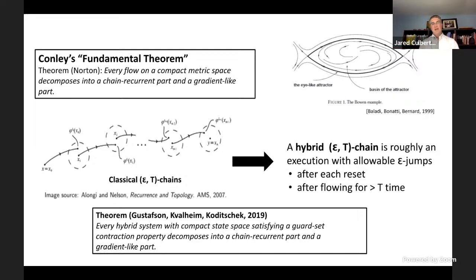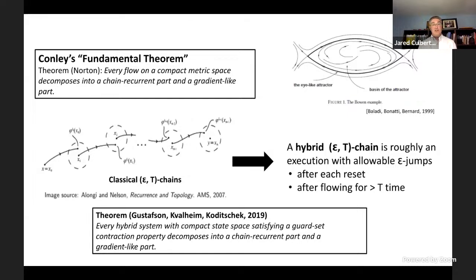You look at the limits as epsilon goes to 0 and t goes to infinity, so that you're squeezing down the neighborhood of how far you're able to jump, and you're having to flow for longer. If you can still get from a point x to a point y through these epsilon T chains, even through that limit, then there's an equivalence relation between those points in terms of their chain recurrence, or chain equivalence. And then you can define the notion of recurrence based on that idea.